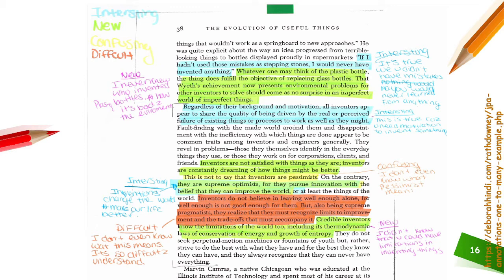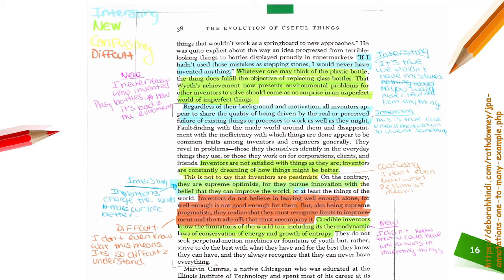Mapapansin natin na gumamit siya dito ng color coding. So, on this top left part, makikita natin dito yung kulay blue, light blue is interesting, green is new, yellow is confusing, and then red is difficult. So, dito, lahat ng interesting kinulayan niya ng blue.